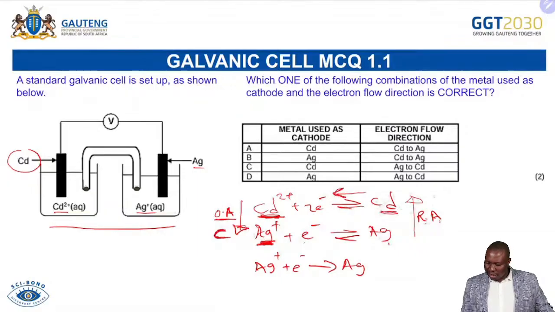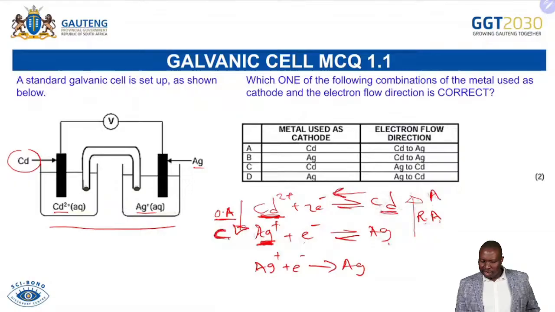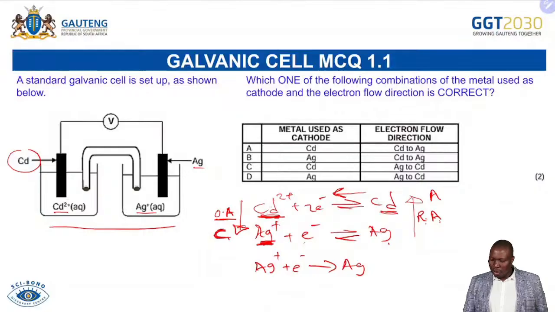So you see that the reaction at the anode is at the top of table 4b. The reaction at the cathode is at the bottom of table 4b. So you are able to see that, okay, Cd is the anode, we lose electrons. The reaction taking place at the anode is Cd or cadmium losing electrons. On the cathode, we have Ag+ gaining electrons to form Ag.